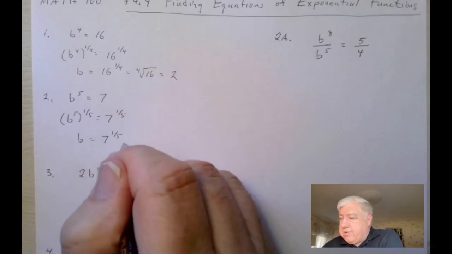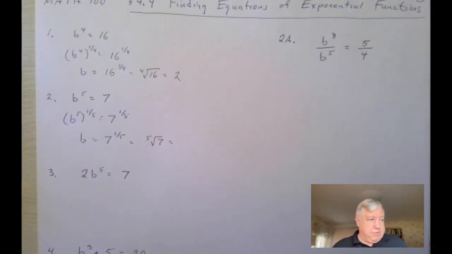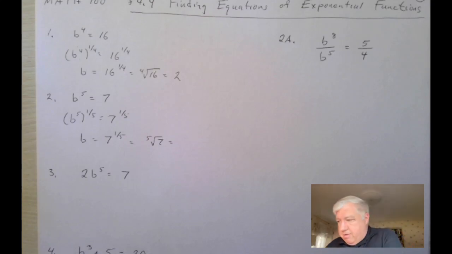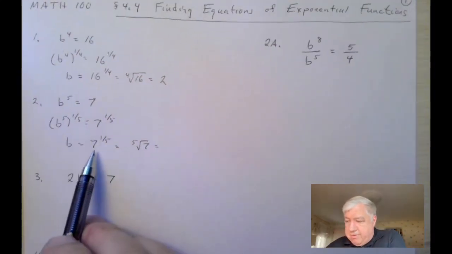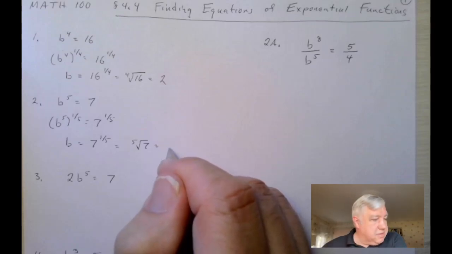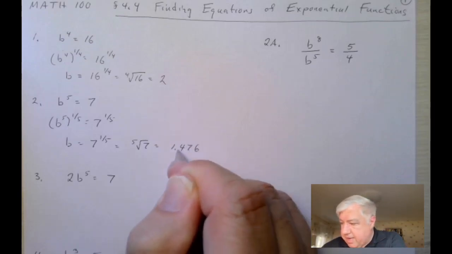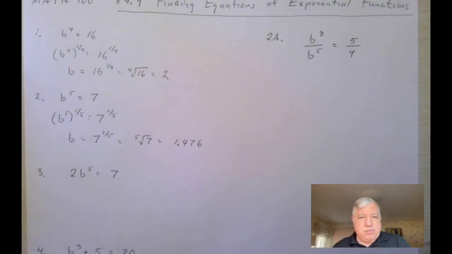You can write that as the 5th root of 7 if you want, but you don't have to. And in fact, this is on your calculator. All you have to do is take 7 and raise it to the 1/5 power, and you'll see that this is 1.476. We'll be rounding to 3 decimal places in all these problems.